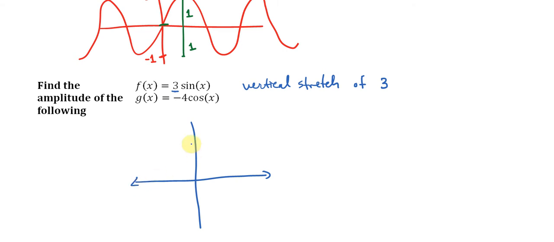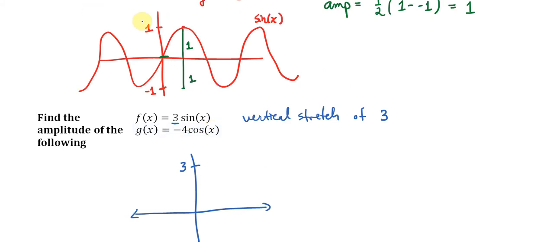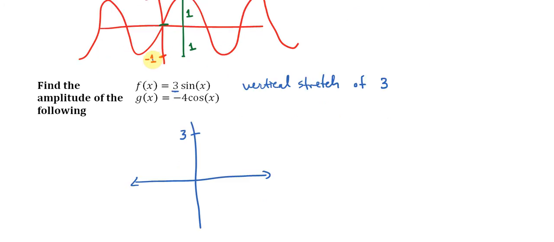Notice I'm trying to draw as much of this without a calculator as I can. Instead of my graph having a max and a min of 1 and -1, it's going to be vertically stretched upwards and downwards, so that the max value now will occur at +3 and the minimum value will occur at -3, and the rest of the graph would look roughly the same. So it's still this wave.